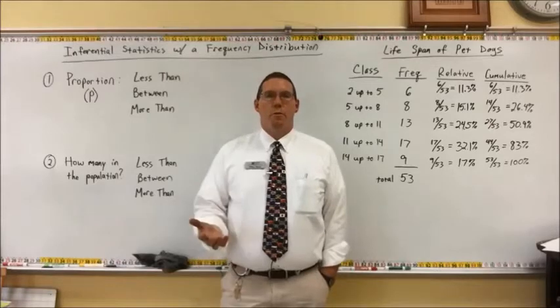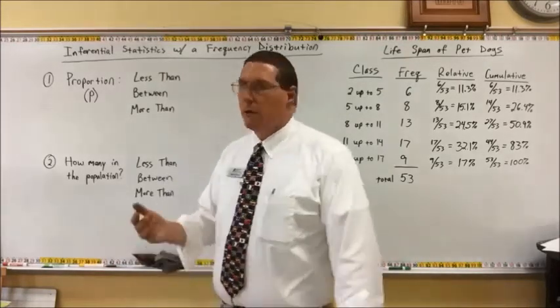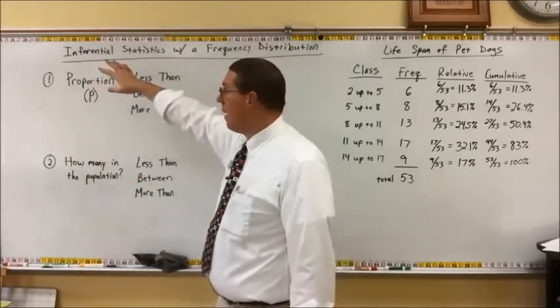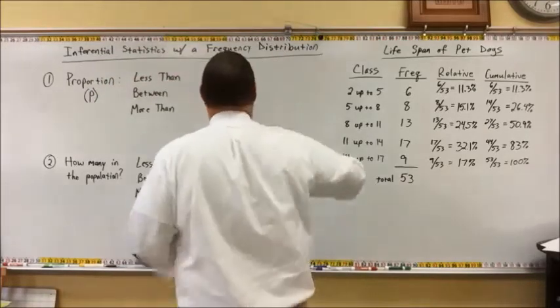All right, folks, so here's what I'm going to do, is I'm going to explain to you briefly how to infer things, how to draw conclusions about populations using a frequency distribution.